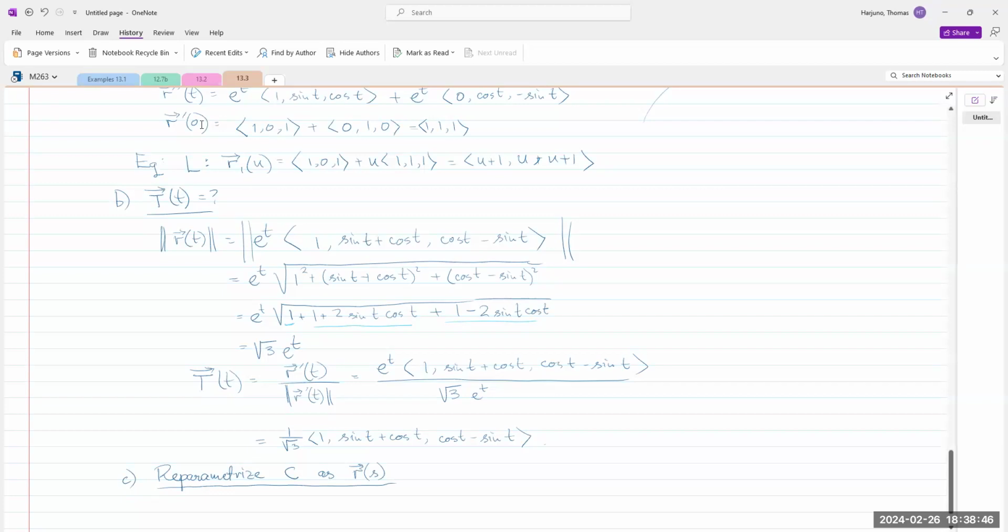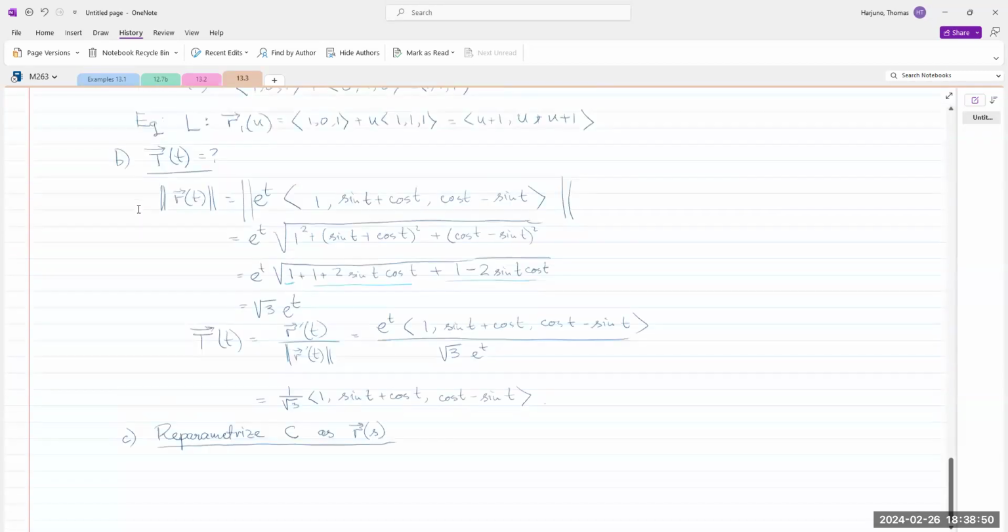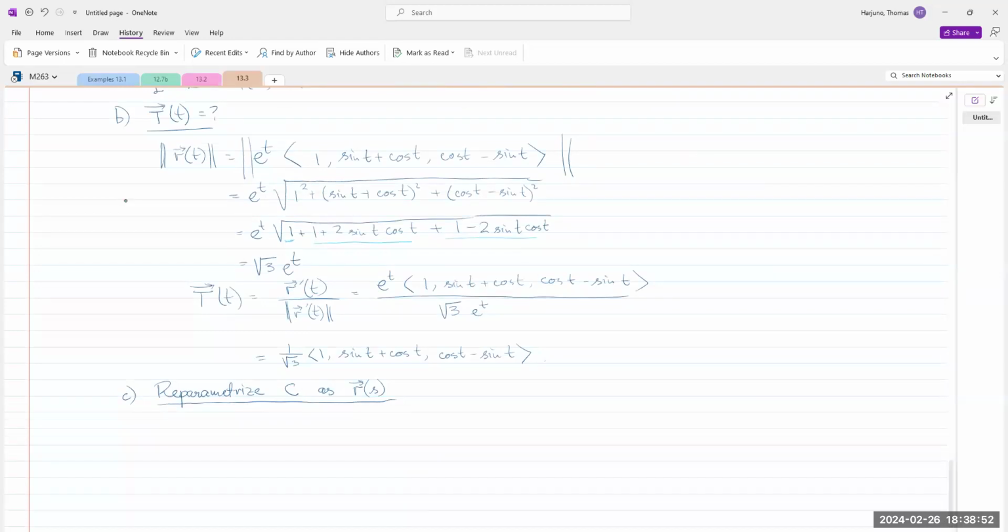Then we go back to that s, as s(t) from t equals 0, equals the integral from 0 to t of square root of 3 e to the u du.